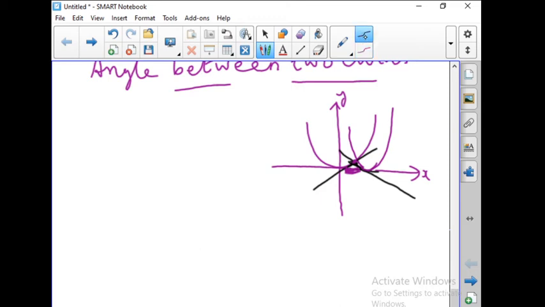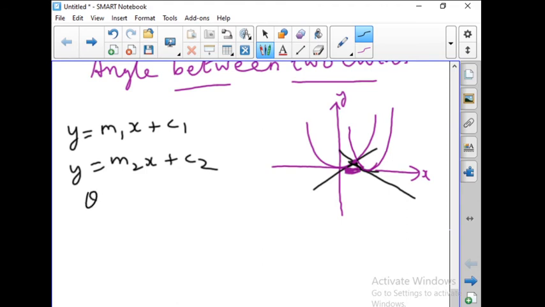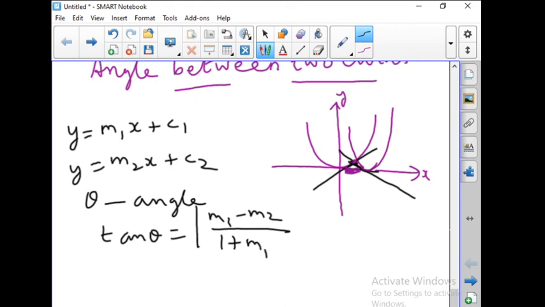So if y is equal to m1x plus c1 and y is equal to m2x plus c2 are two lines, say, then if theta is the angle between the tangents, then tan theta is equal to modulus of m1 minus m2 by 1 plus m1 m2.